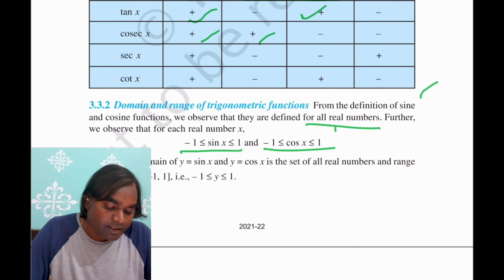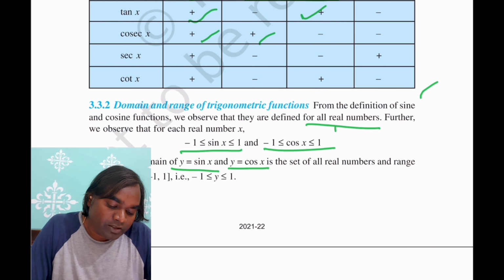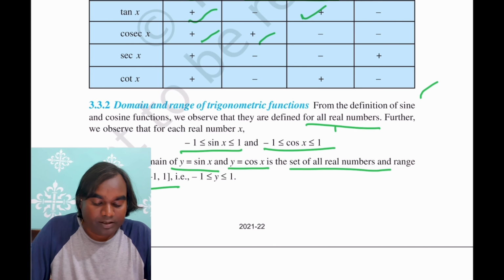So thus the domain of y is equal to sin x and y is equal to cos x is the set of all real numbers, and the range is the interval -1 to 1, that is y lying between -1 and 1.